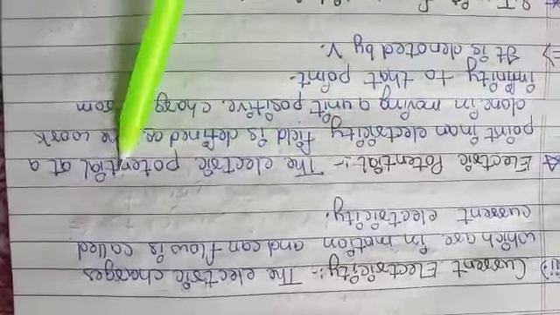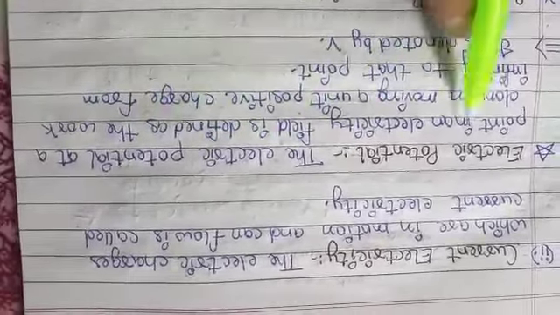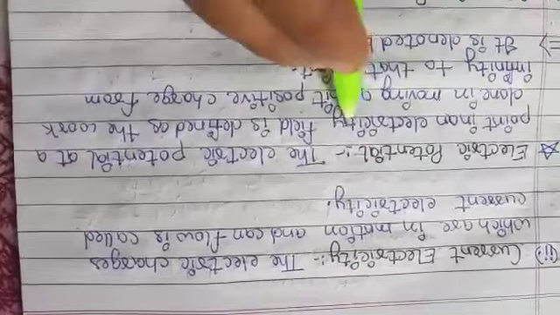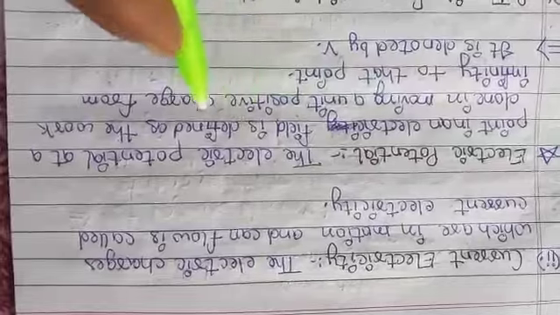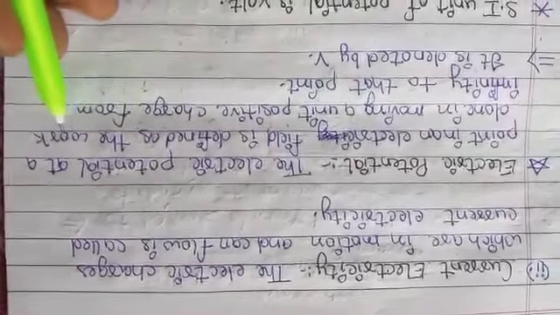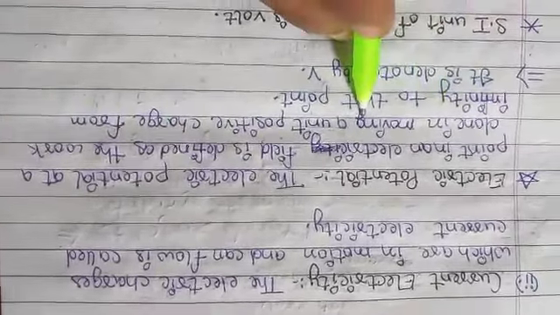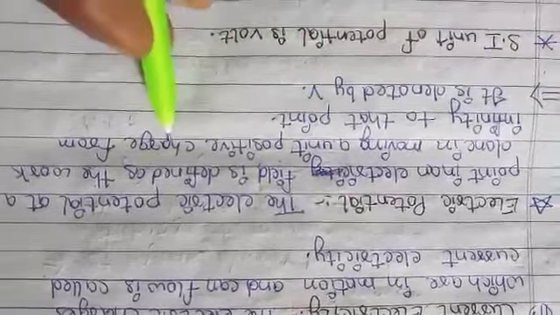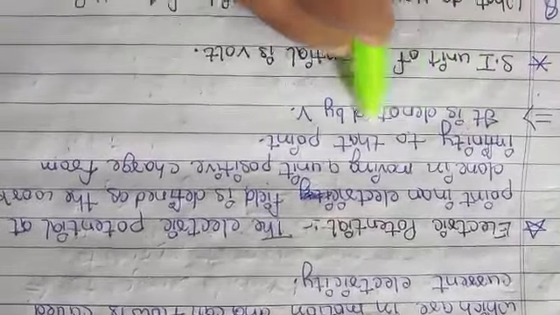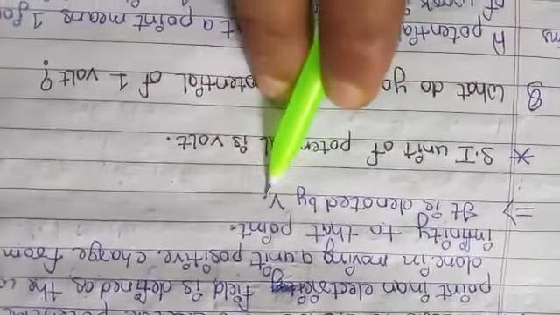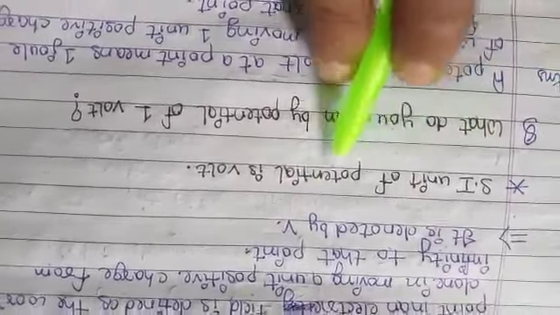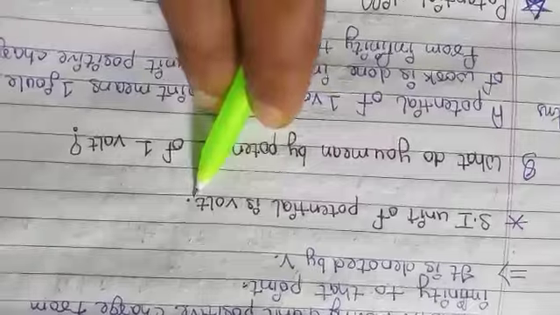The electric potential at a point in an electric field is defined as the work done in moving a unit positive charge from infinity to that point. Once again, we repeat it. It is denoted by V, and the SI unit of potential is volt.